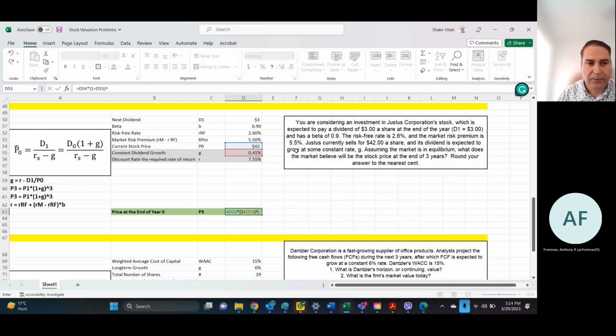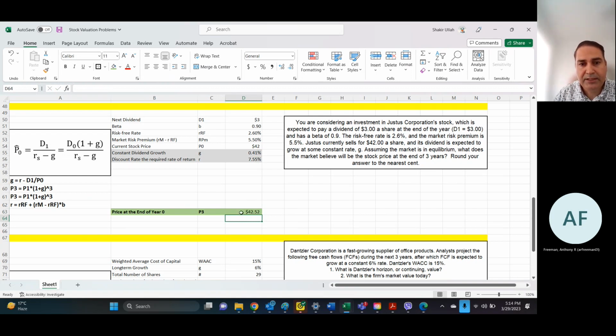This is raised to the power 3 because we want to find that price after 3 years. So that comes out to be 42.52. So that will be the P3.